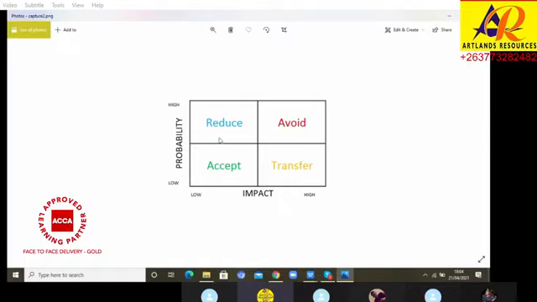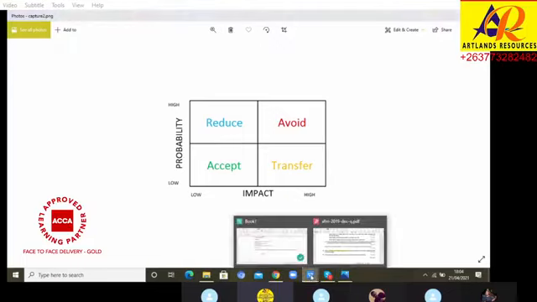These are not answers, but these are lines of thinking. For example, instead of saying reduce, you can say enter into a forward exchange contract. That's how you reduce it. You get that? Instead of just saying reduce, put it in a manner that is actionable.